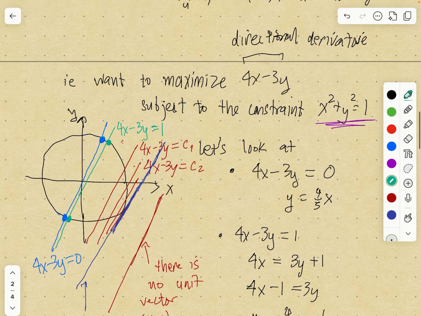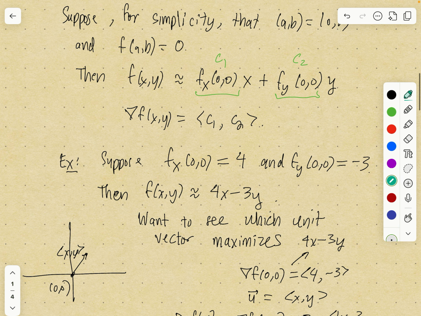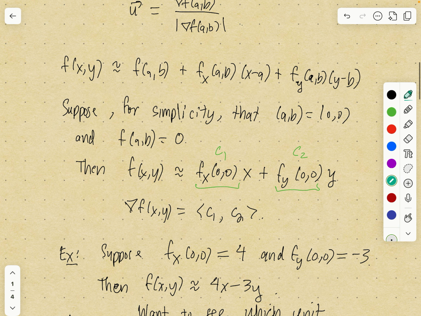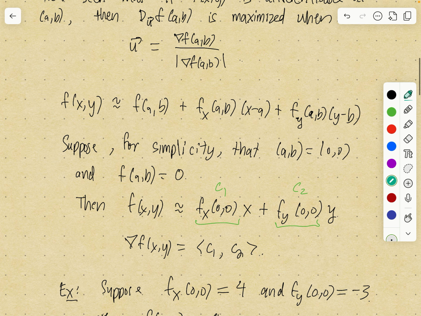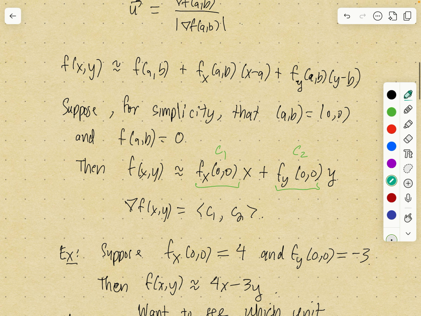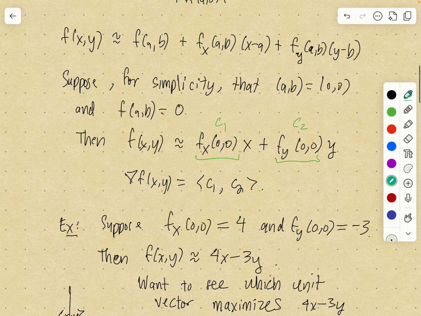Once you understand that the directional derivative is maximized in the direction of the gradient in this special case when your function is just a constant times x plus a constant times y, it makes sense that the same thing would be true for a general differentiable function, because a differentiable function is approximately given by this planar, or linear, function in 2 variables.